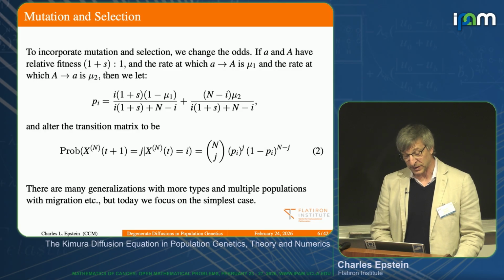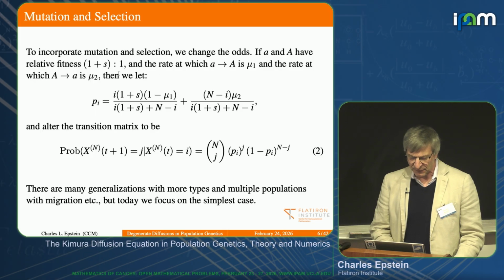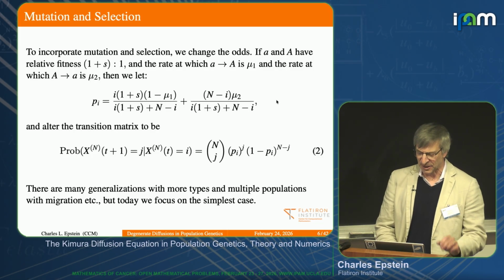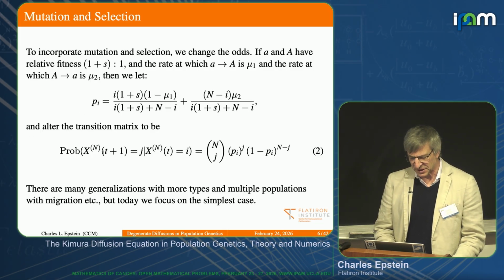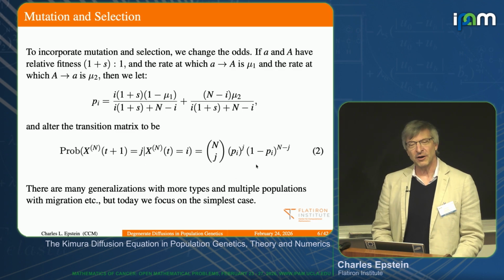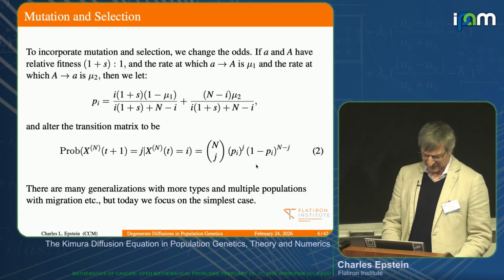Its fitness is 1 plus s as compared to 1 for type big A. And there's a rate of mutation from little a to big A, which is mu1, and a rate of mutation from big A to little a, which is mu2. Then if we change the probability of getting a type little a to that slightly complicated looking formula, the transition matrix just becomes the same matrix, the same binomial sampling, but with a different coin. It's coin flipping, but with a different coin.